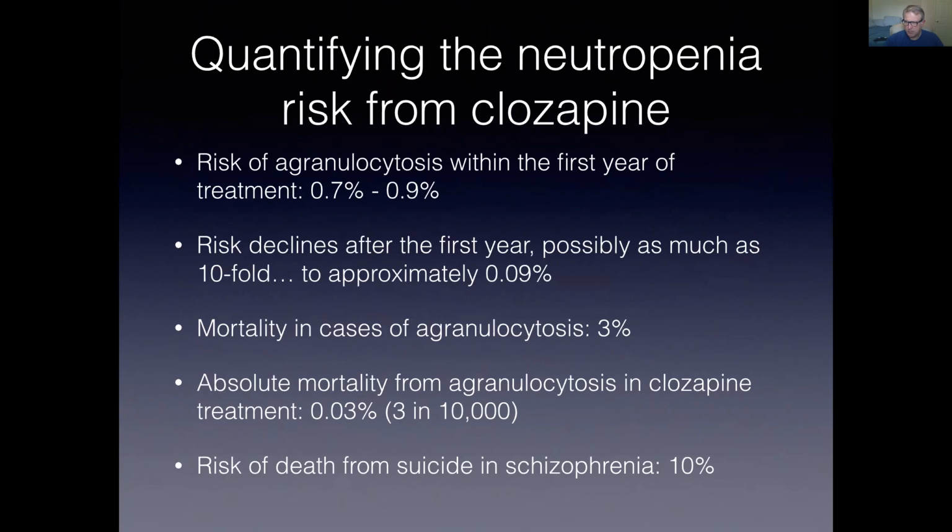It goes down in some cases, in some estimates, after the first 18 weeks of treatment is when the decline may start. But certainly by the first year of treatment, if you haven't suffered agranulocytosis, then your risk drops down a lot, perhaps to 0.1%.